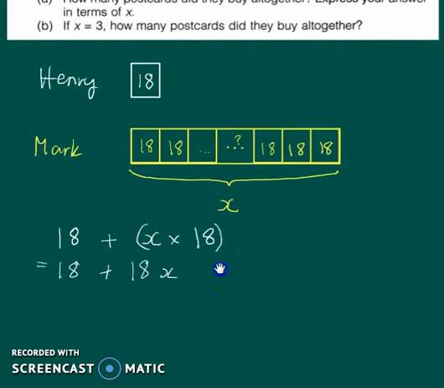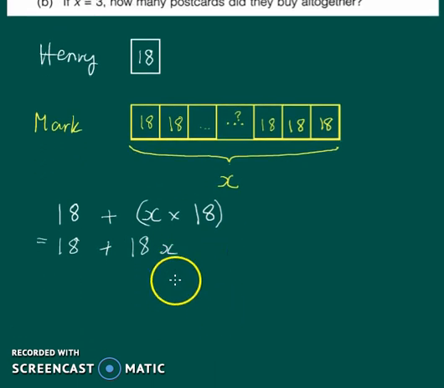18X. Another way to look at it is we can say, okay, well, each bundle has 18 postcards in it, and how many bundles are there?